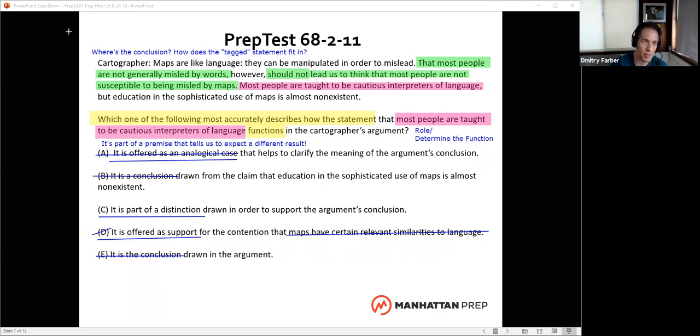And so the big distinction we can make between C and D is C is stressing a difference, D is saying that they think they're similar. And they're not arguing that they're similar, they're actually arguing that we shouldn't see them the same way. Okay. How do we feel about that? That one work? Okay, excellent.